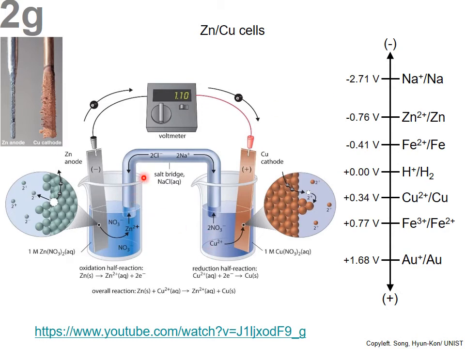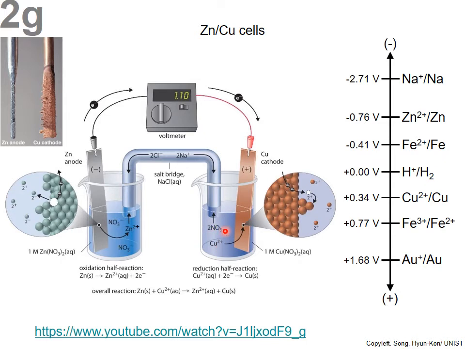So right now I have two beakers. In the left beaker I have zinc, also zinc 2+ and nitrate anions in electrolyte. Let's go to the second beaker. In the right beaker I have copper, and also copper 2+ and nitrate anions in electrolyte.